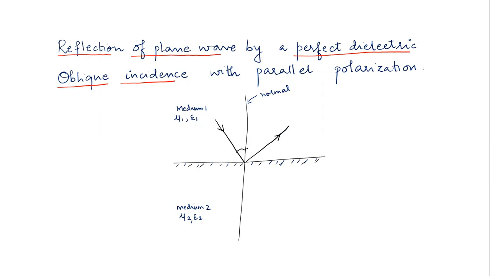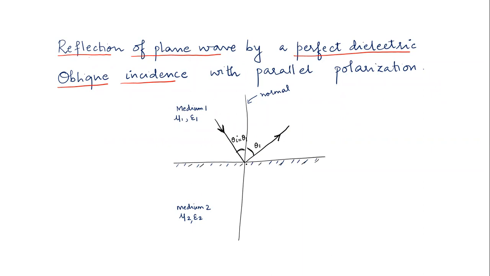And they are perfectly the same, so when you draw, you have to draw it the same. Let's say the angle of incidence, I'm going to call it theta 1. And this is also theta 1 because I'm considering perfect reflection here. So this is one arrow in the downward direction, and this is the reflected arrow.